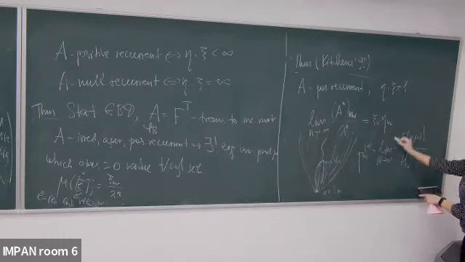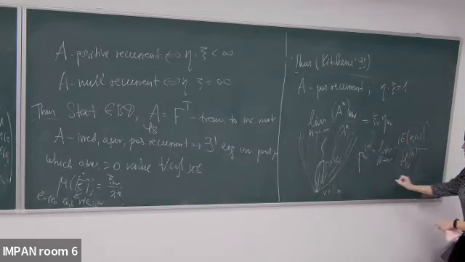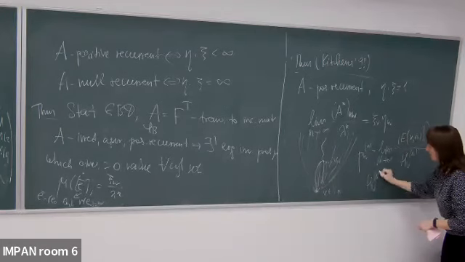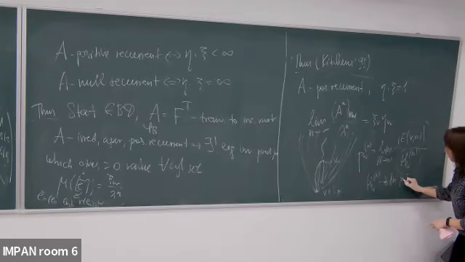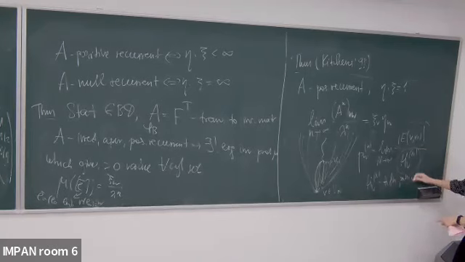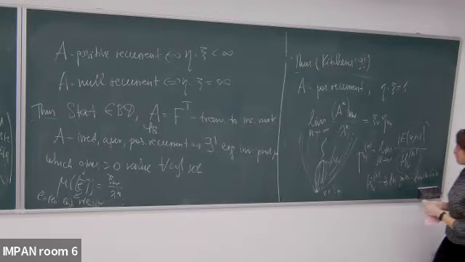So the number of visits of the cylinder set over the height of the tower. So H_V is the number of finite paths that start at V0 and finish in V.